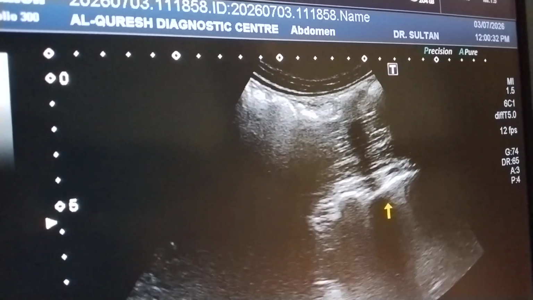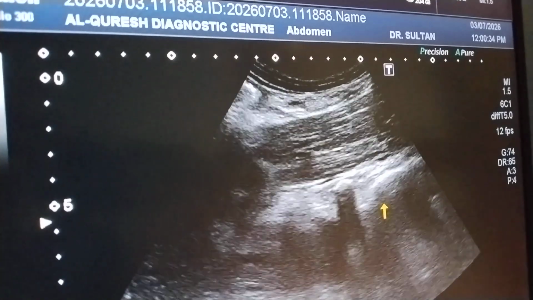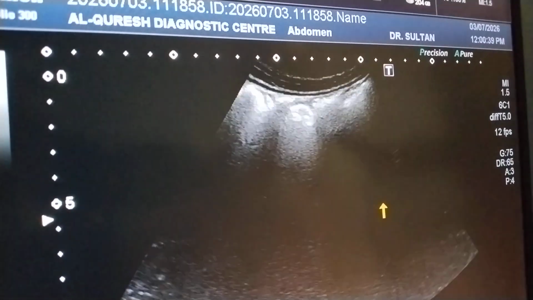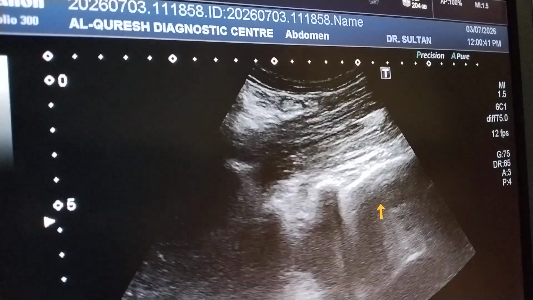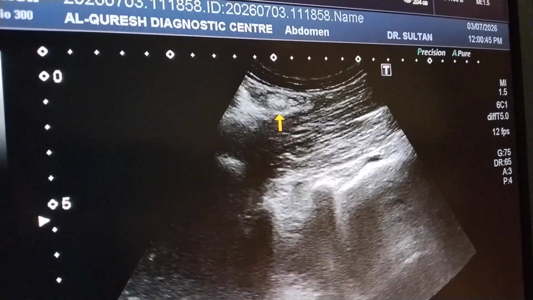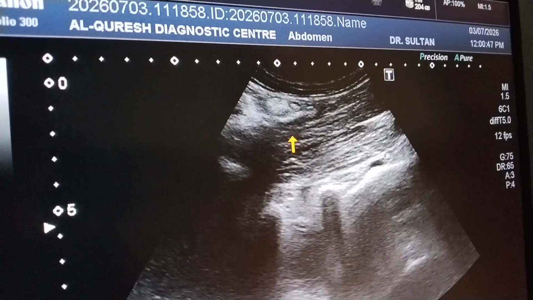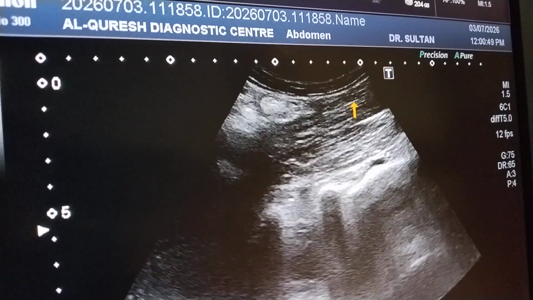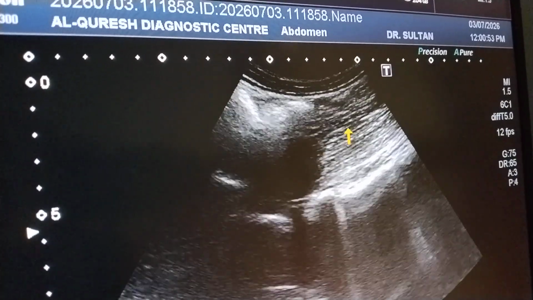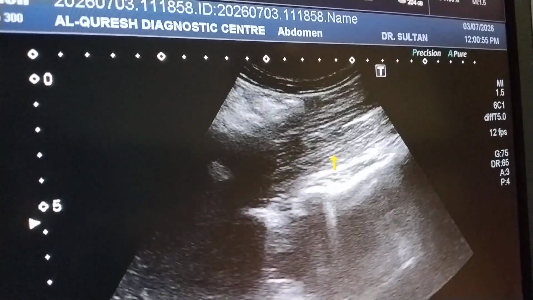Slightly give graded compression so that the bowel gases are displaced. So here we can appreciate the psoas major muscle. Here should be the ureter because it runs anteriorly along the psoas major muscle. But when the probe is at 90 degrees to the floor, we cannot appreciate it.